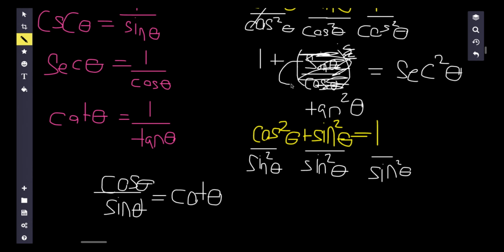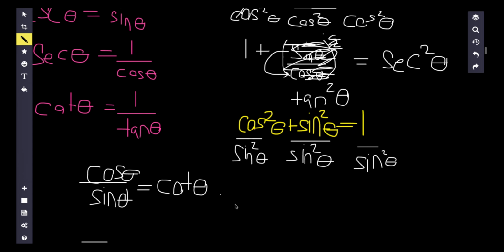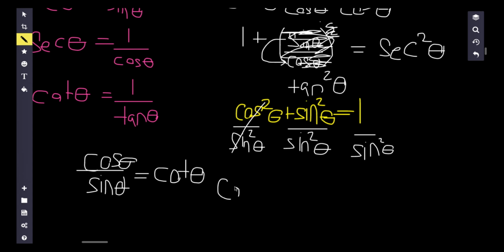So the reciprocal of sine over cosine is going to be cosine over sine. And we know that the reciprocal of tangent is equal to cotangent. So cotangent must be equal to this because it's the reciprocal of tangent. So cosine theta over sine theta is equal to cotangent of theta. So this right over here is cotangent of theta.